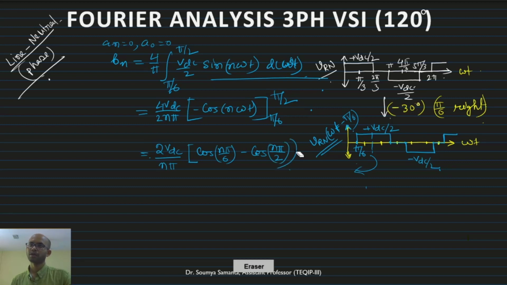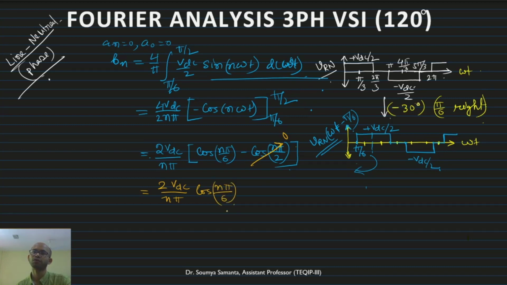Obviously this part will be 0, so what is left is twice VDC by n pi into cosine of n pi by 6. Here also the triple harmonics will be gone.